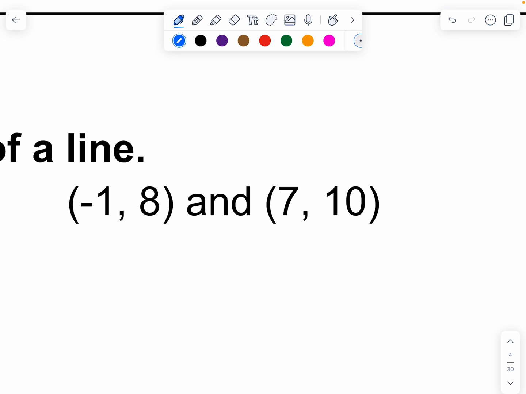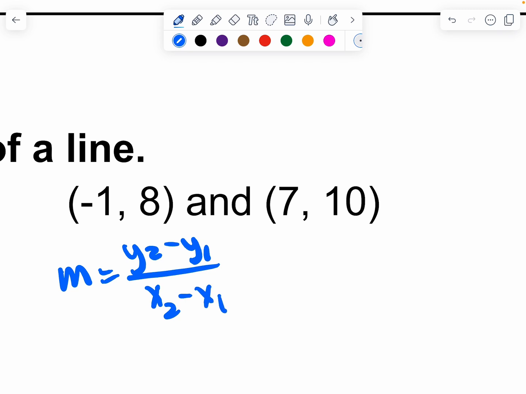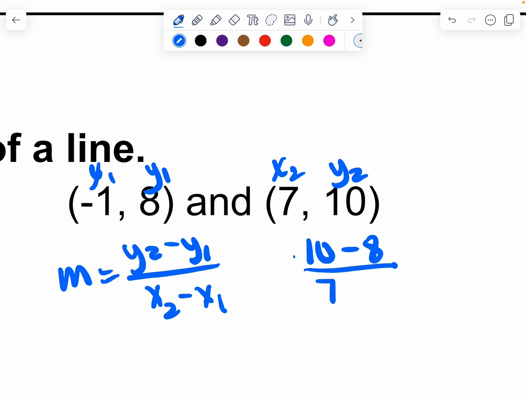Here, I did the exact same thing. y2 minus y1, x2 minus x1, x1, y1, x2, y2. So I take 10 minus 8, and I take 7 minus negative 1. So I get 2 over 8, which simplifies to 1/4.